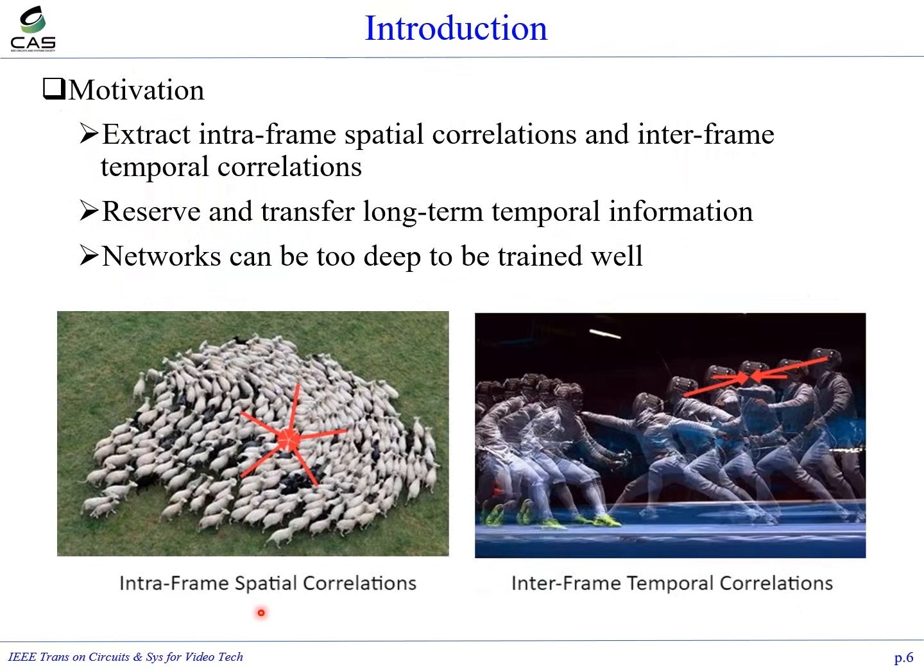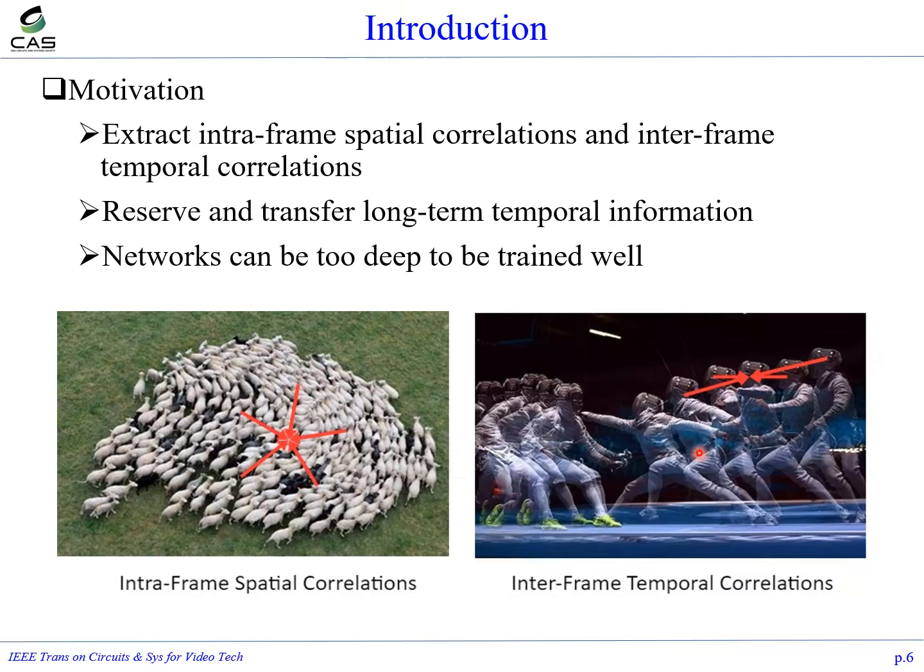In video super resolution, there are two kinds of key information, the intra-frame spatial correlations and inter-frame temporal correlations. As you can see in the left image, these similar goals contain a kind of spatially related supplementary information to each other.